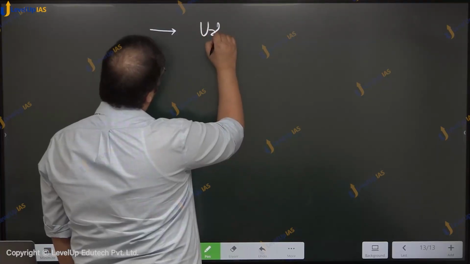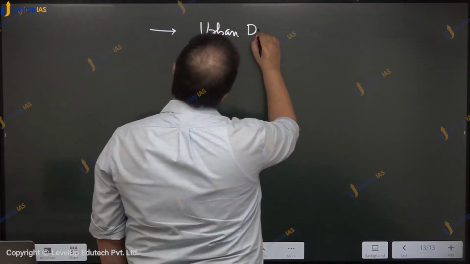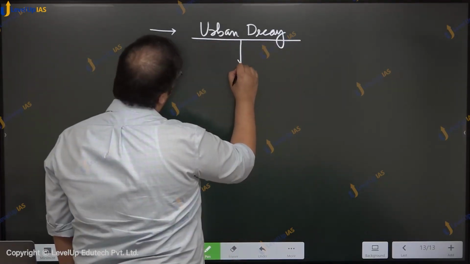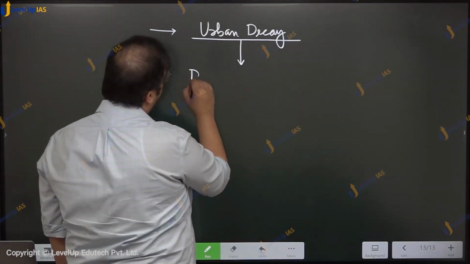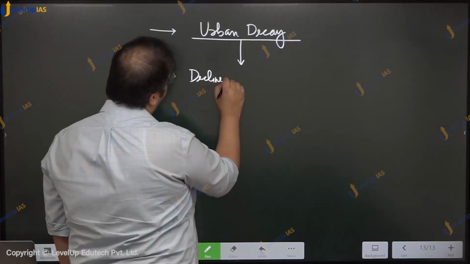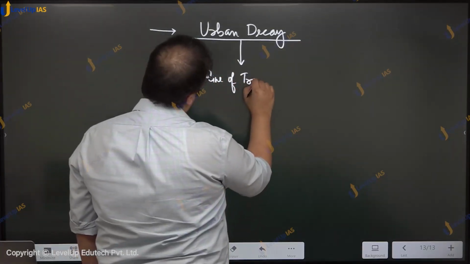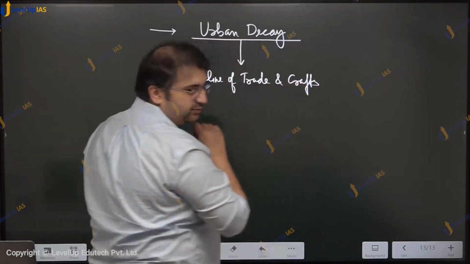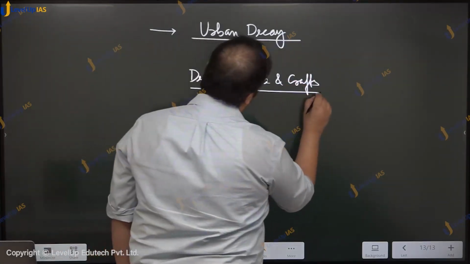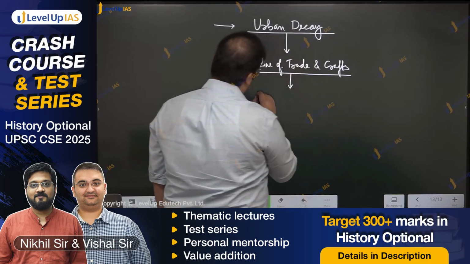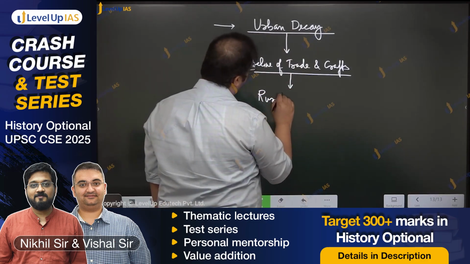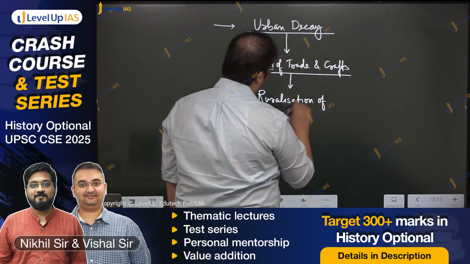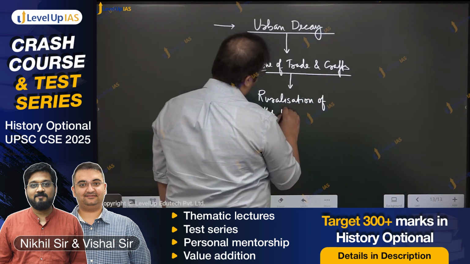Urban decay corresponded with the decline of trade and crafts production, which contributed to the ruralization of the economy.